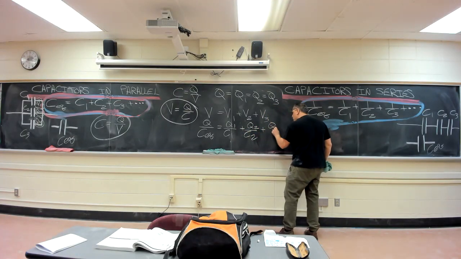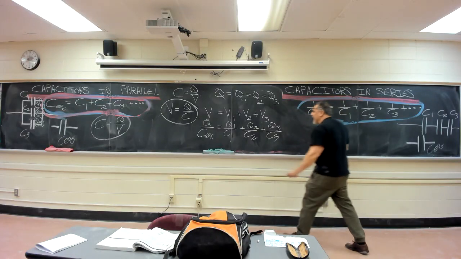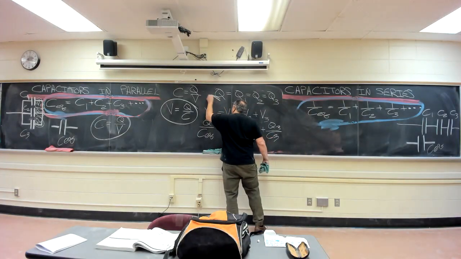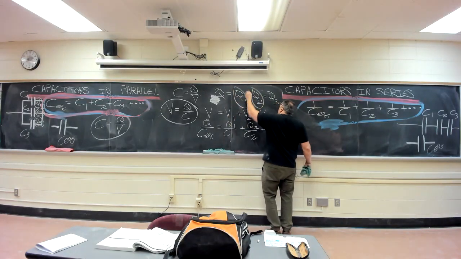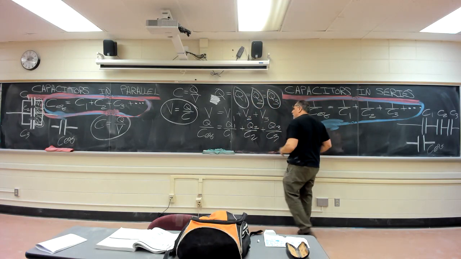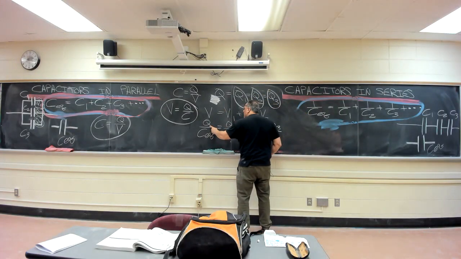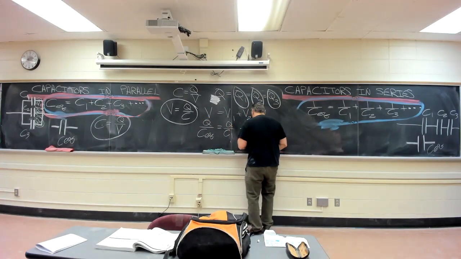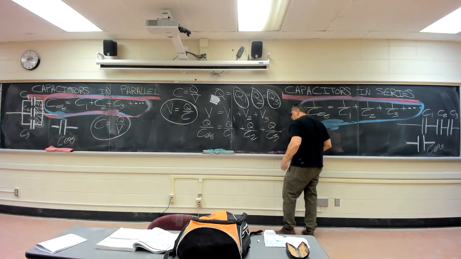This one's going to be Q3 over C3. Boy, am I in trouble. No, I'm not. We already said that Q1 is equal to Q2 equal to Q3. They're all equal to each other. And that's the big one. That's V. You got to add the V's together.